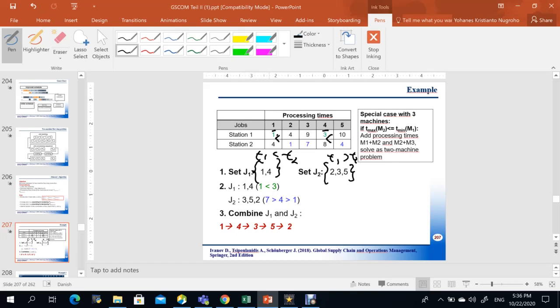Here, the longest is at job number 3, right? We have here 9, oh, we have here 7. And then jobs number 5, 4, and finally 1. Okay? And therefore, by combining J1 and J2, the sequence is 1, and then 4, and then 3, and then 5, and then 2. Okay?